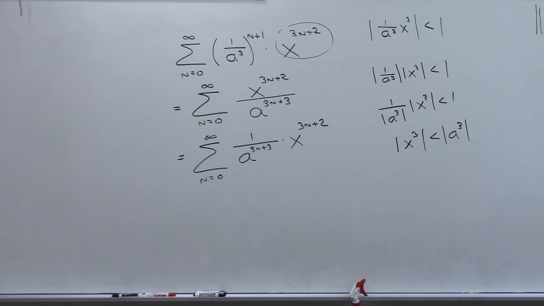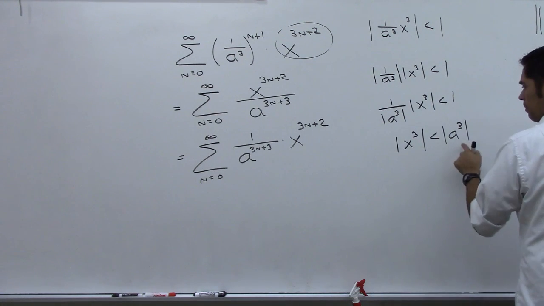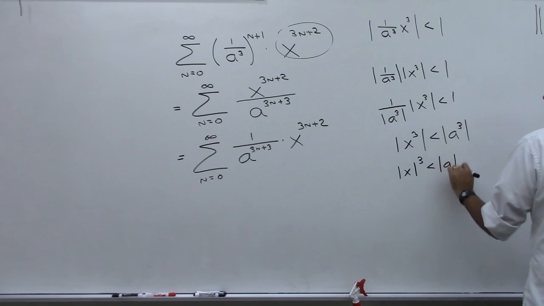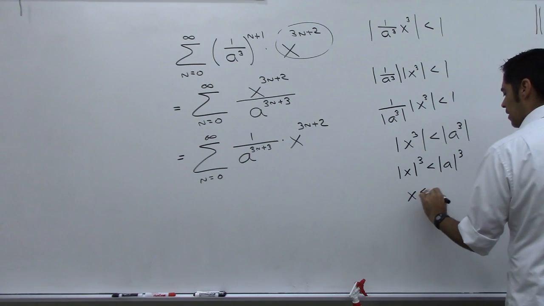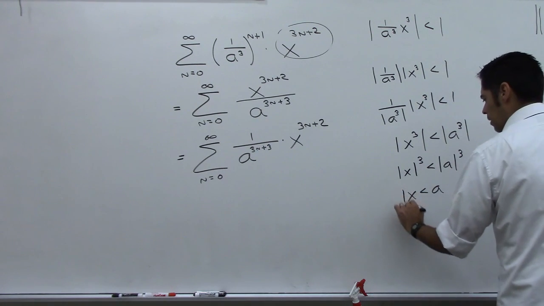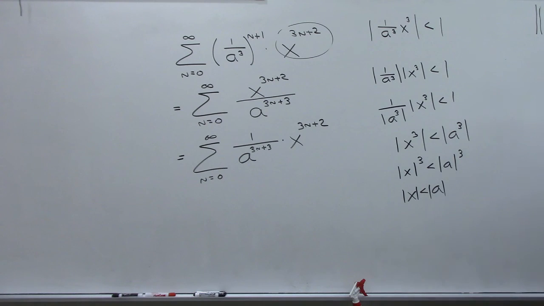And then at that point, I can take the cube root on both sides. So absolute value of x cubed less than absolute value of a cubed means absolute value of x has to be less than absolute value of a.